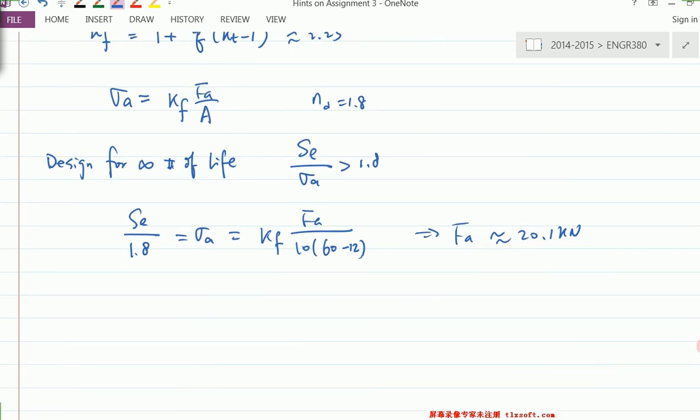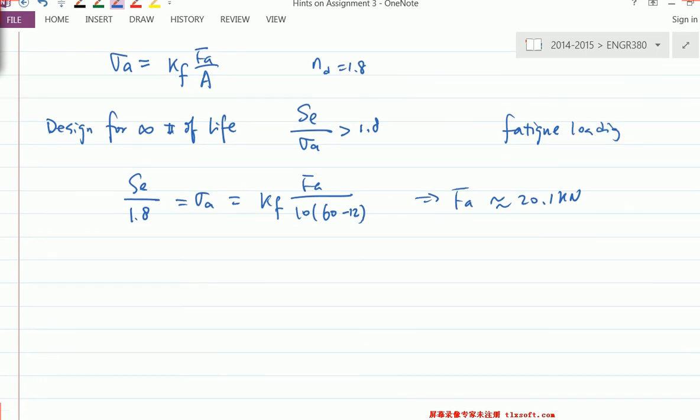Technically speaking, this is fatigue loading. But what you also need to look at is, do we have a general yielding under the static consideration here? If your static loading value is Fa, and Fa is a maximum value, if your static loading is the same as this maximum value Fa, will that cross section fail or not?